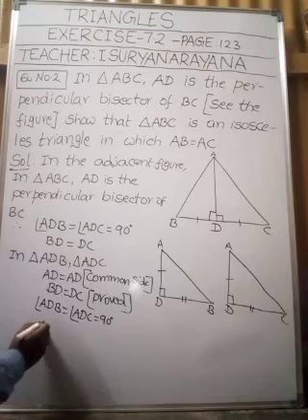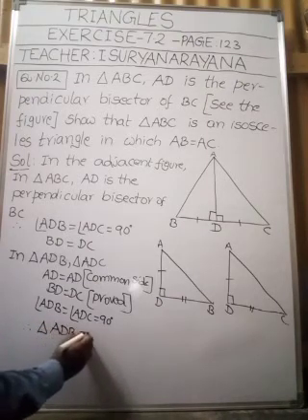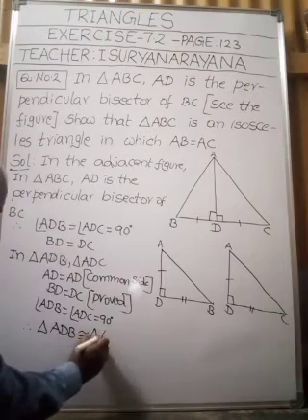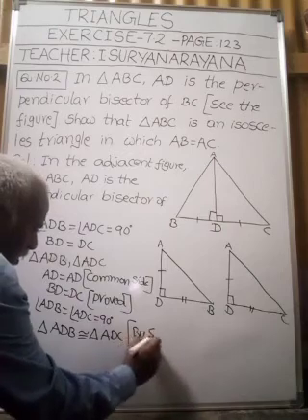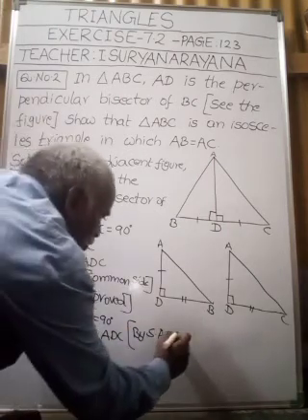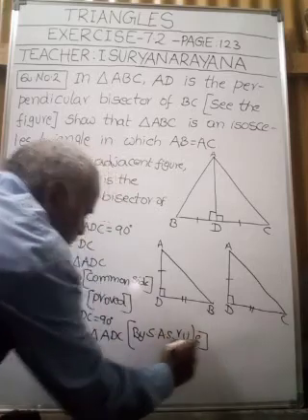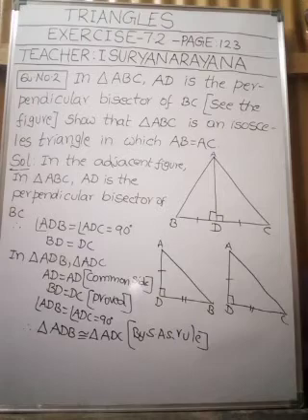Therefore, triangle ADB is congruent to triangle ADC by SAS rule. Understood this step, my children?